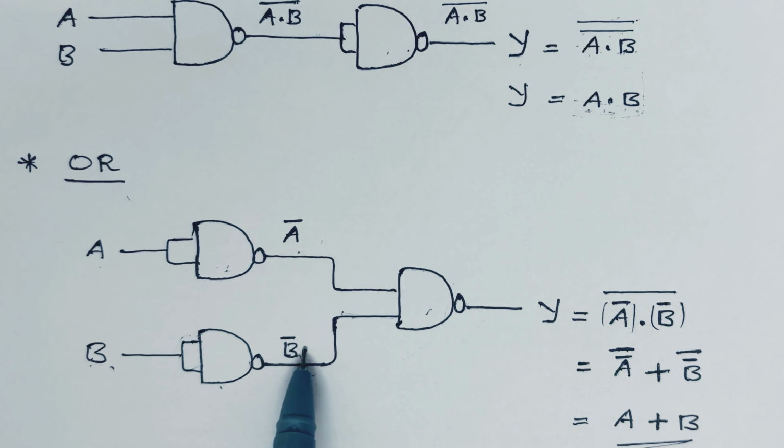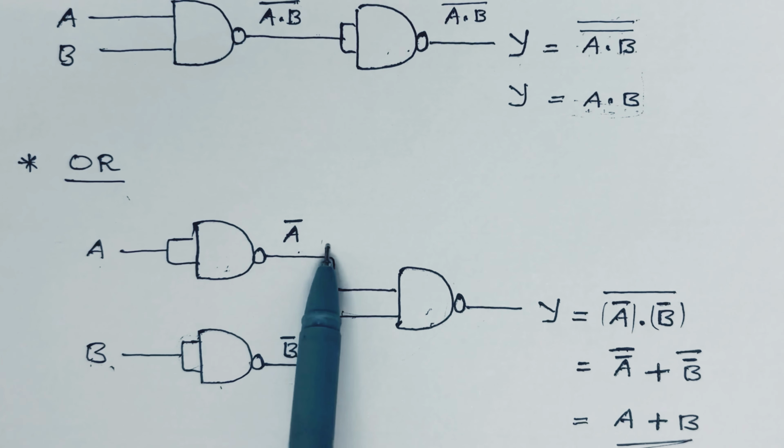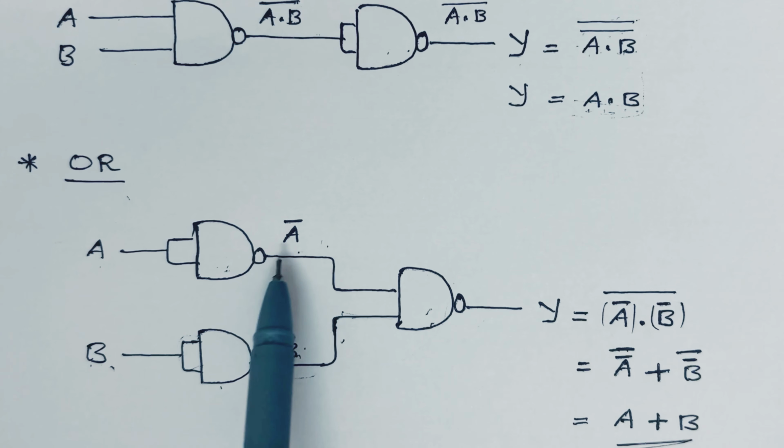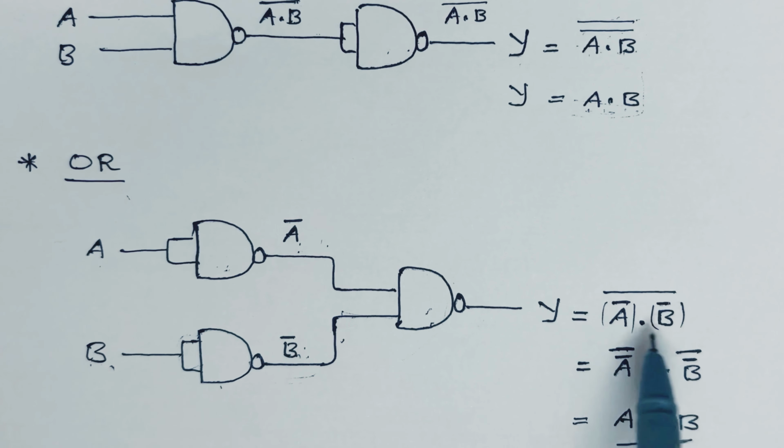Now A bar and B bar are the inputs to this NAND gate. What is the NAND gate operation? Multiplication and then complement. Here the inputs are A bar and B bar, so the output will be A bar into B bar the whole bar. That is the operation of the NAND gate. Now we will apply De Morgan's theorem. What is De Morgan's theorem? A dot B the whole bar is equal to A bar plus B bar.